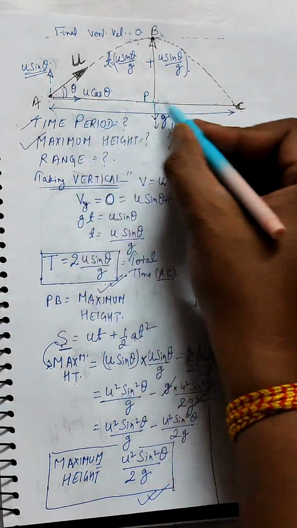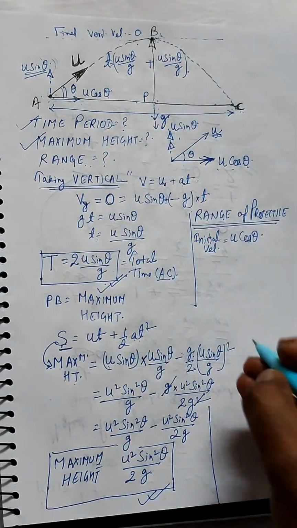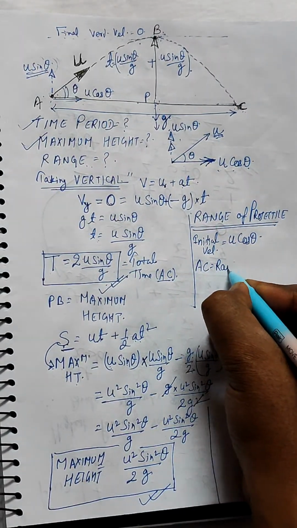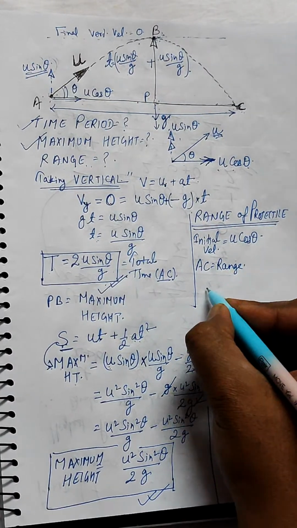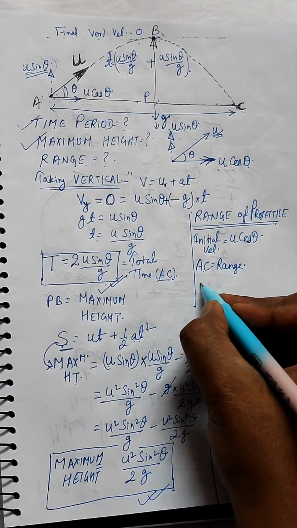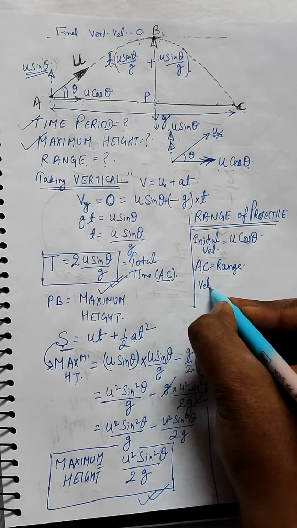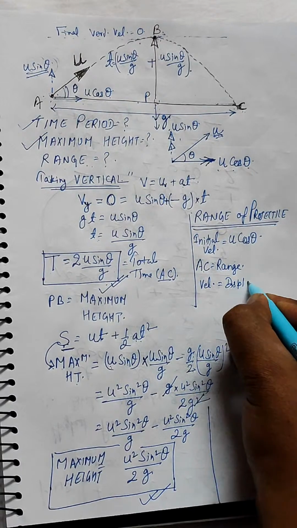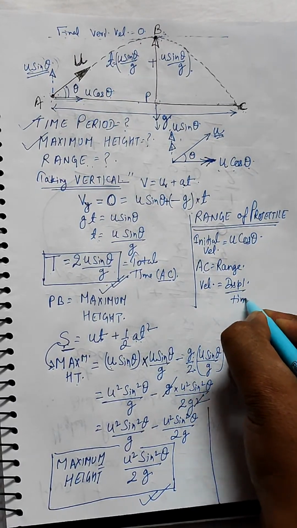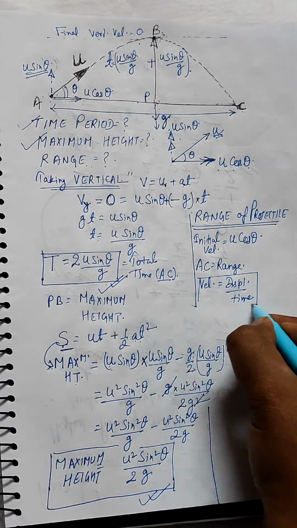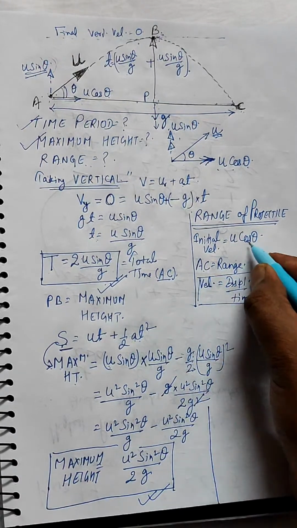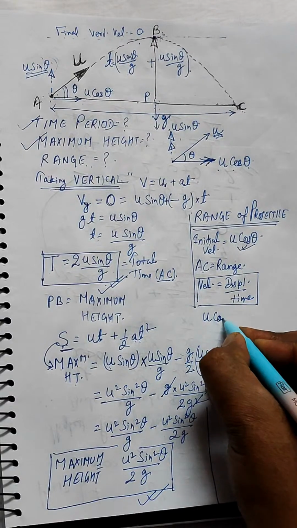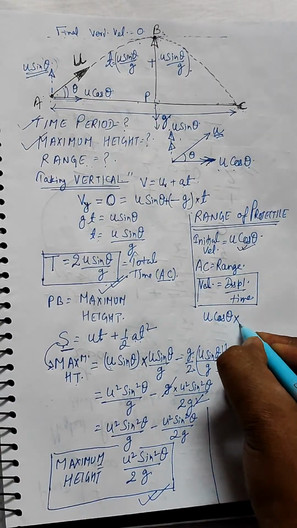So the range, the total displacement A to C, is equal to range. We know that velocity equals displacement by time, right? So the velocity is u cos theta, so u cos theta into time.